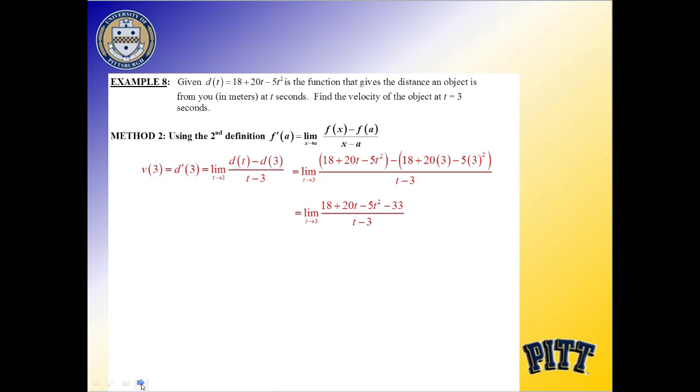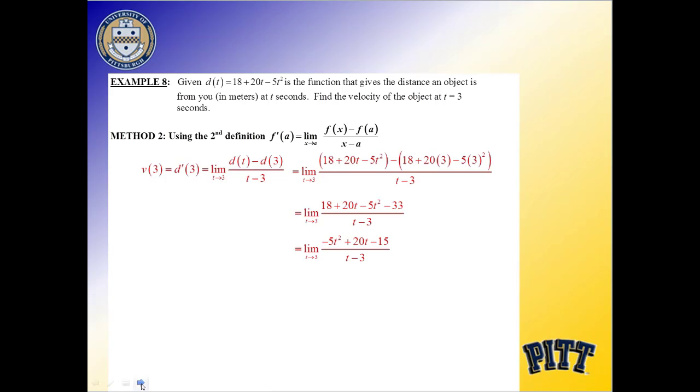With that being the case, I want that indeterminate form to disappear, so I want t minus 3 to be able to cancel out. So as I do my work with the top, and factor, I want to get to a point where t minus 3 does pop out of it.